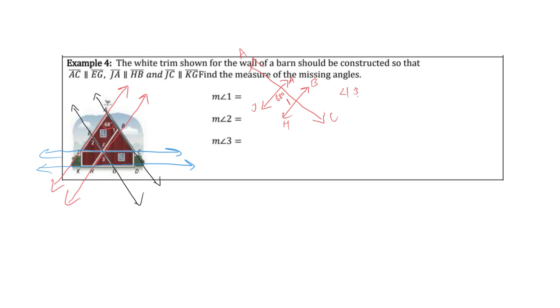Angle 1 and 68 degrees are same side interior angles, so they add up to 180 degrees because they're supplementary. Therefore, the measure of angle 1 is 180 minus 68, which gives us 112 degrees.